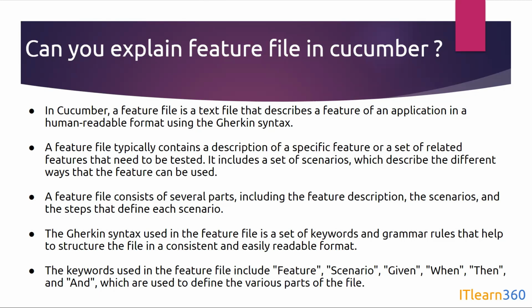The Gherkin syntax used in a feature file is a set of keywords and grammar rules. So you have to talk briefly about what exactly a feature file contains. Just express it all when this question is asked.